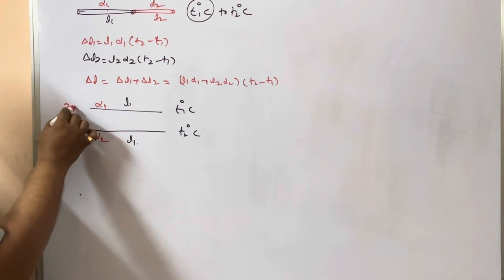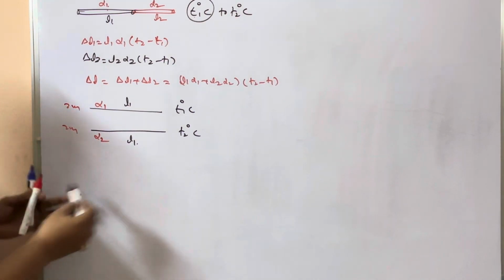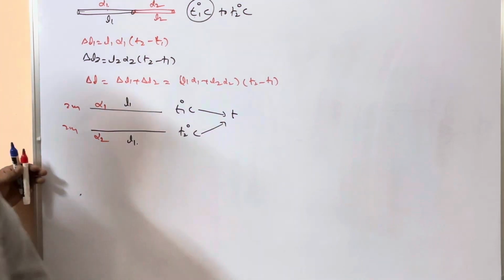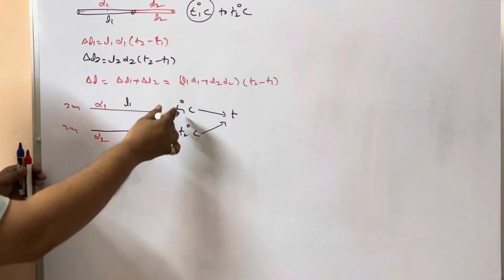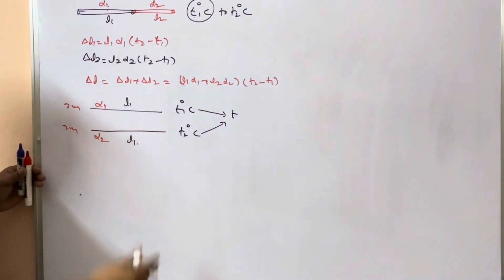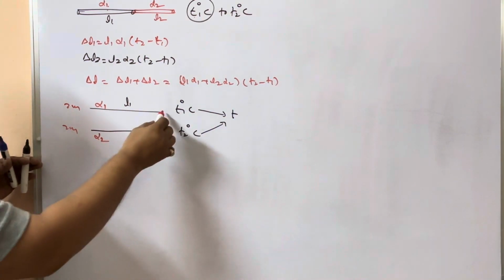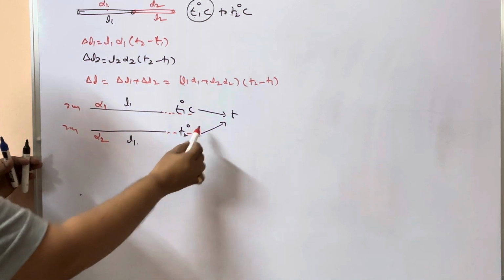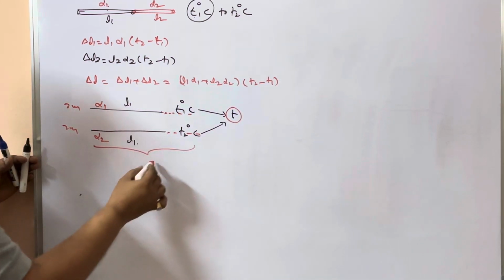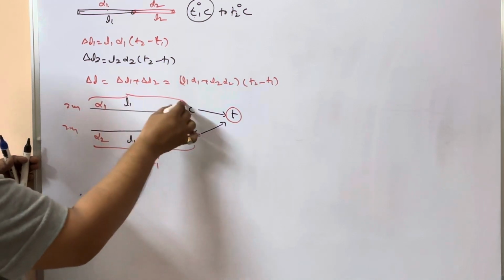Now let us assume this is 2 meters, this is 2 meters. Now we are increasing the temperature T1 to T, T2 to T. So different temperatures, it is 20, 30. Whenever the temperature increases, its length also is going to increase. Whenever its length is increasing, again after what temperature both the lengths are going to be the same, they will ask.